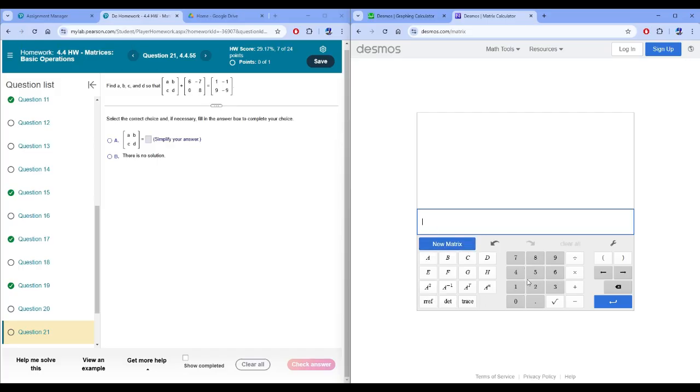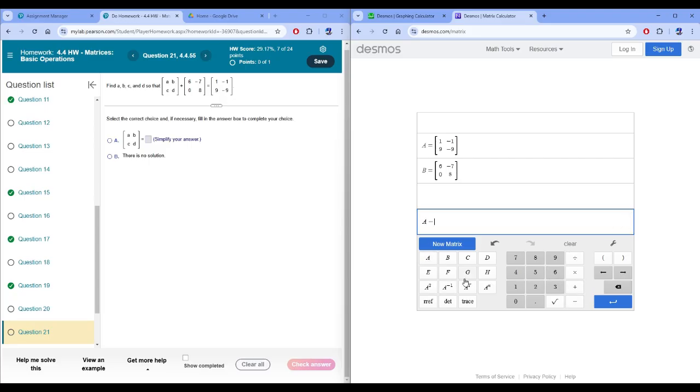Dang it. New matrix. 1, -1, 9, -9. New matrix is gonna be a 2 by 2 for B, so that's gonna be 6, -7, 0, 8. Hit enter, and then I'm gonna solve A minus B.